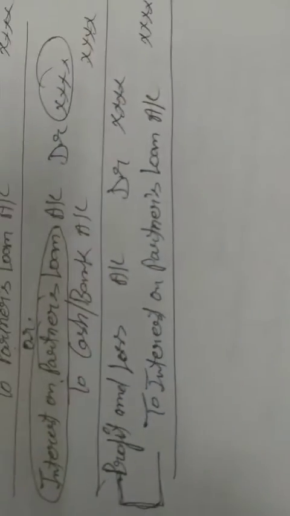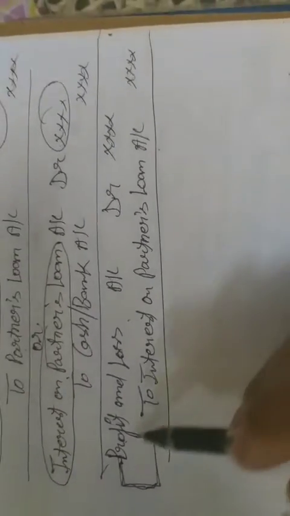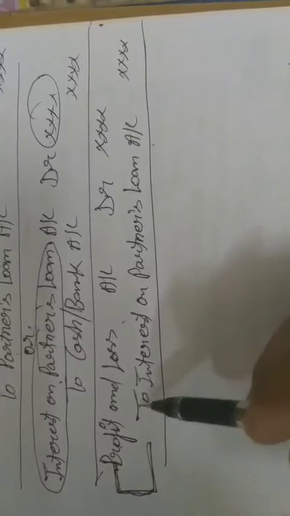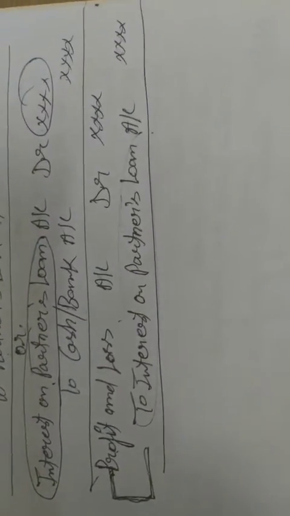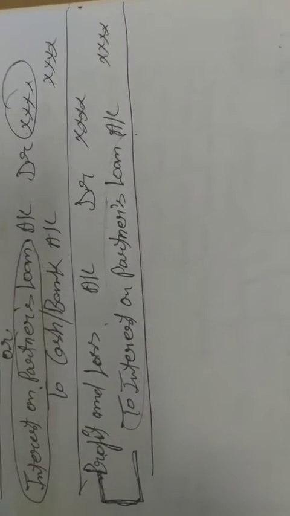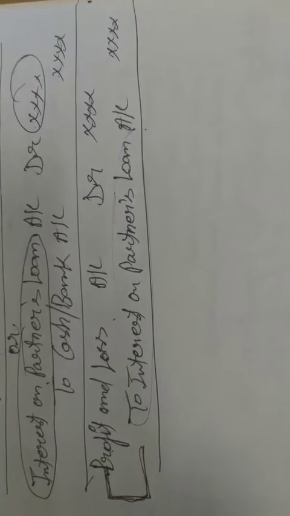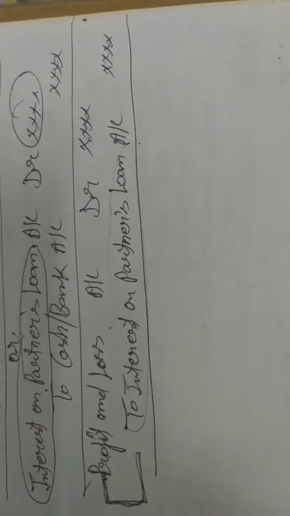Is it clear? You can understand that this will not be included in the partner's capital or current account. The partner's capital or current account will be prepared separately, and that amount we have to show in the partner's loan account only. Is it clear?